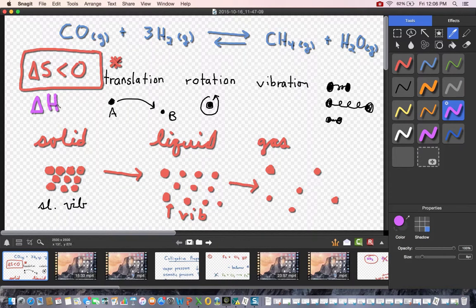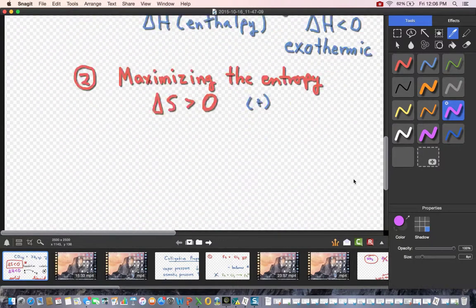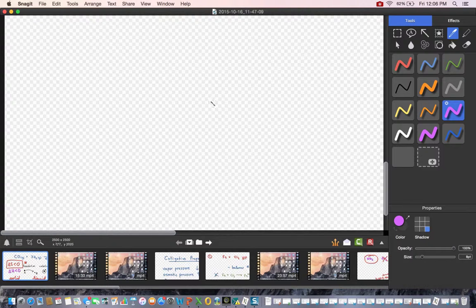Once I know that delta H is negative, there are a couple of things that I automatically know. So I'm going to simply rewrite the equation. Now these are all gases, so just to be brief, I'm not going to write the superscript G, the subscript G. They're there, I'm just doing that to not waste time.